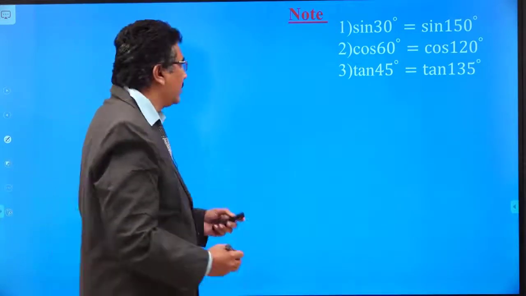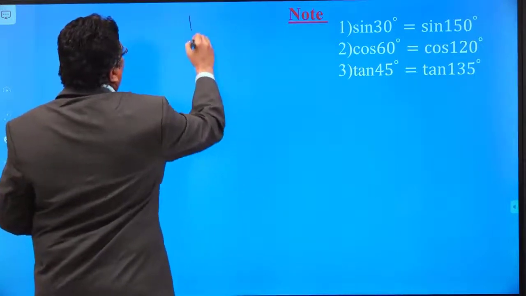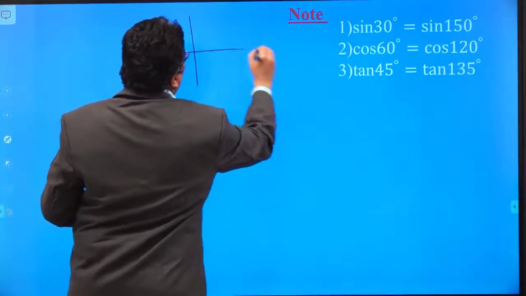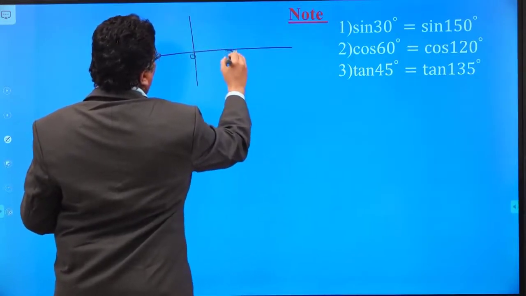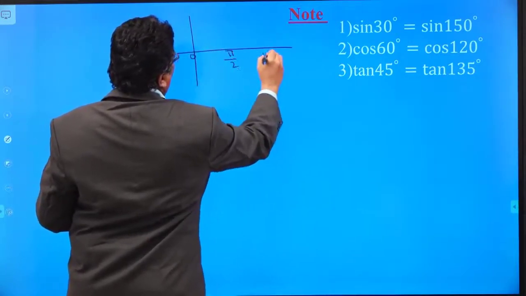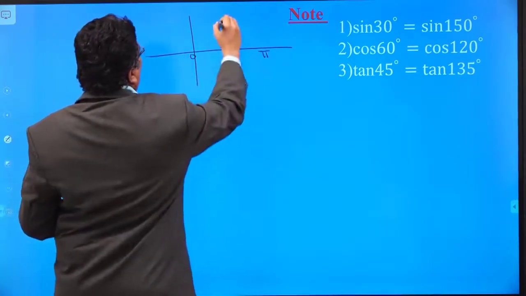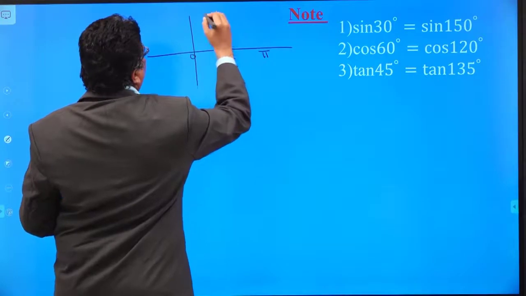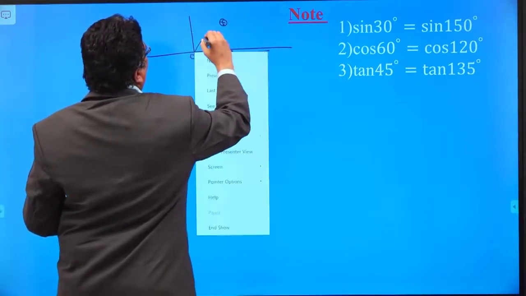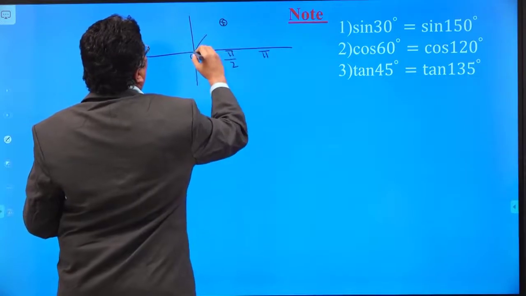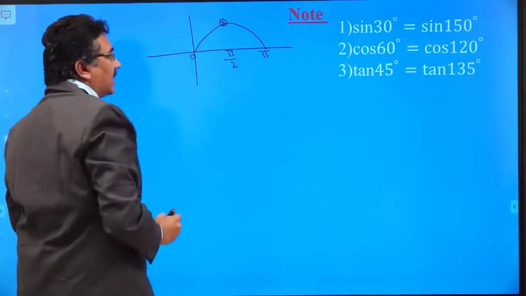Also, draw a graph of the sine function in the interval [0, pi]: 0, pi by 2, pi. Sine 0 has value 0, sine pi by 2 is 1, sine pi is equal to 0. The graph of sine theta is this.